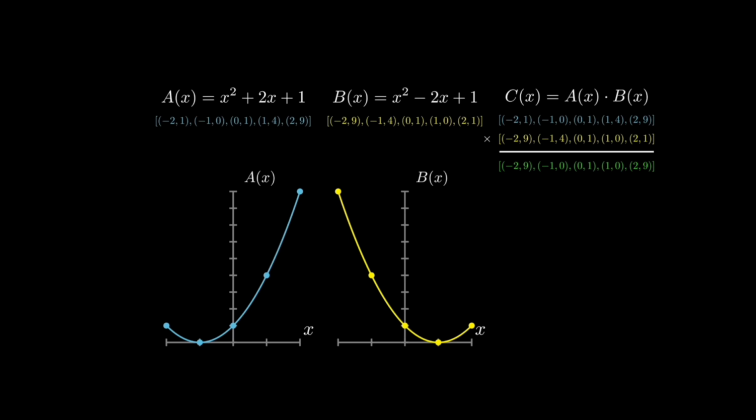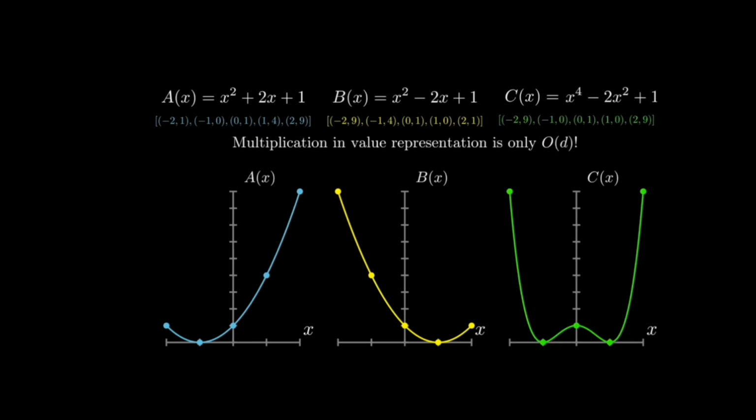So now let's move on to the next slide, that is, multiplying the value pairs of A of x and B of x pointwise. So c of xi is equal to a of xi times b of xi. The resulting values we obtain are 9, 0, 1, 0, 9.